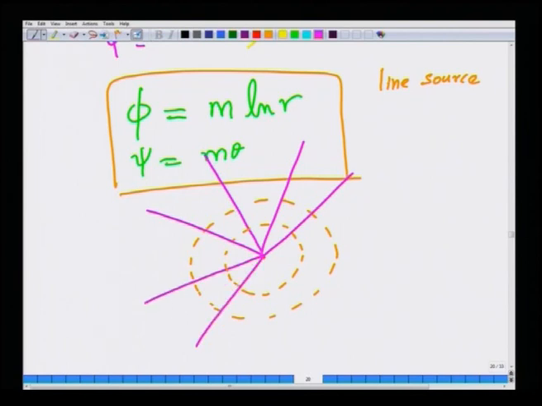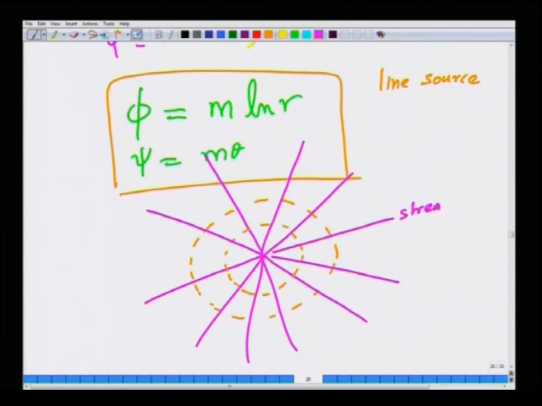These are almost like spokes of a cycle wheel. The pink ones are streamlines and the orange ones are equipotentials. And it also agrees with our general result that streamlines and equipotentials are always orthogonal to each other, and that part is of course brought out nicely here.